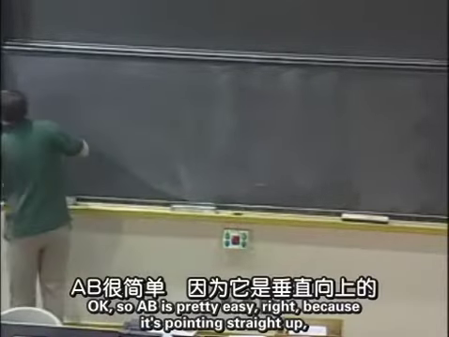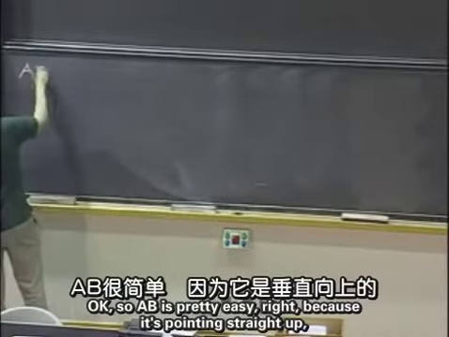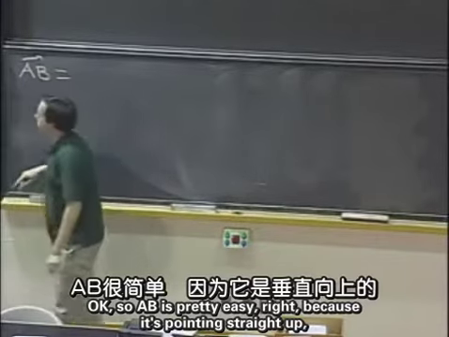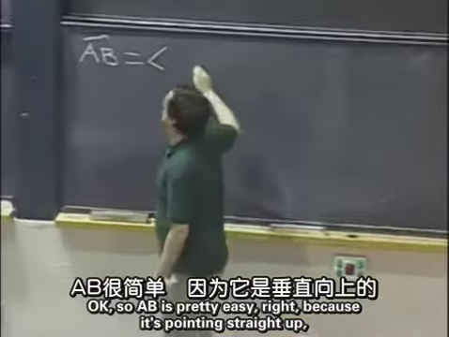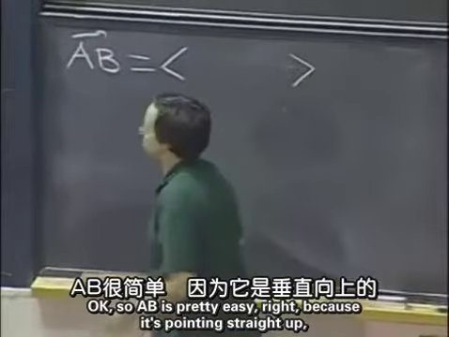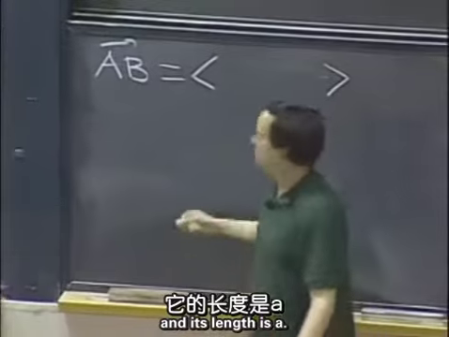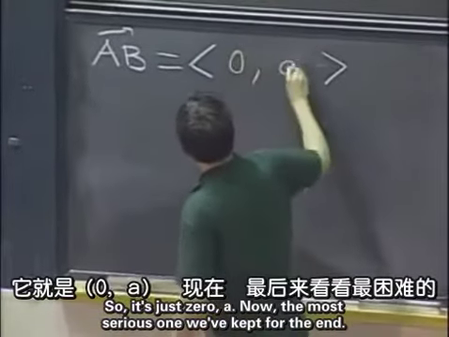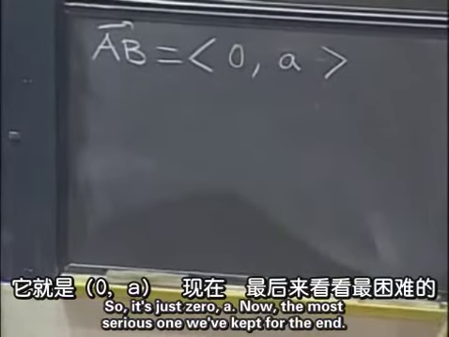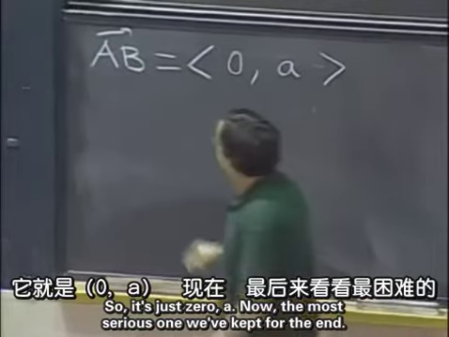Okay, so AB is pretty easy, right? Because it's pointing straight up, and its length is A. So it's just 0, A.